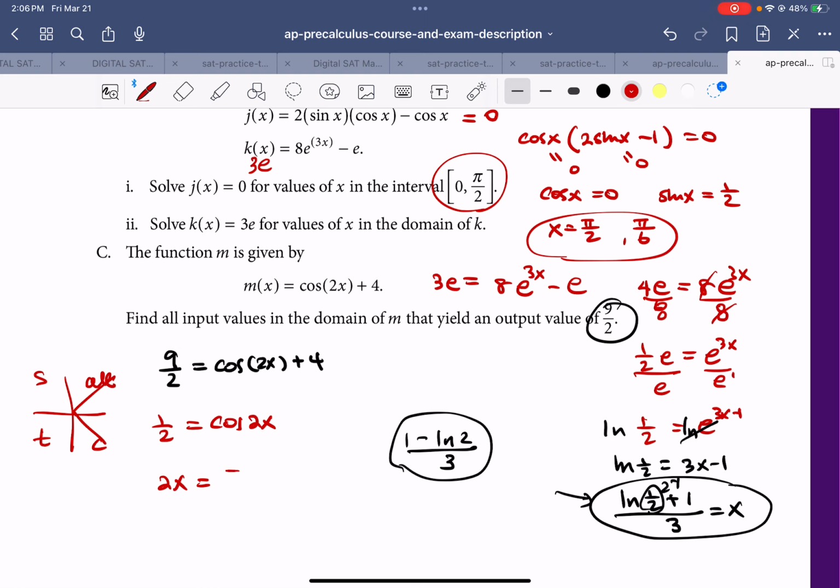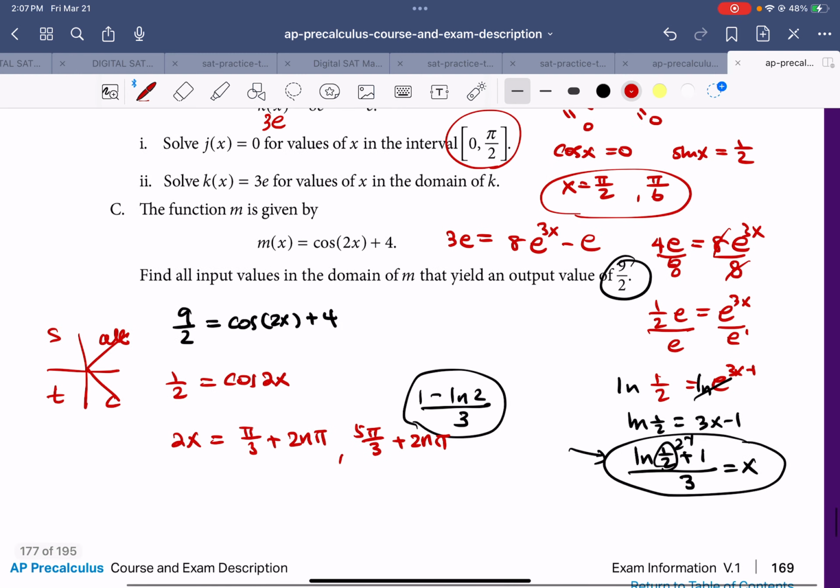So that's pi over 3 plus 2n pi, where n is an integer, right? Or if it's quadrant 4, then 2 pi minus pi over 3, which is 5 pi over 3 plus 2n pi, right? But you need to solve for x, not 2x.